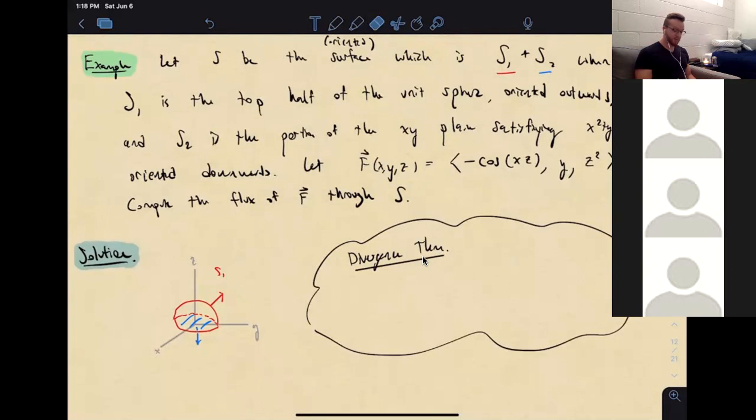The divergence theorem says that if you have a three-dimensional region E, the triple integral of the divergence over that region gives you the flux through the surface.